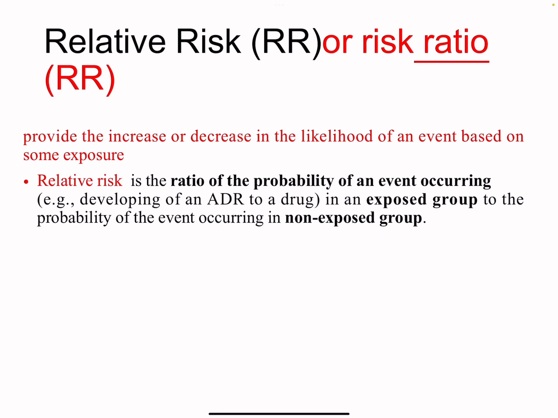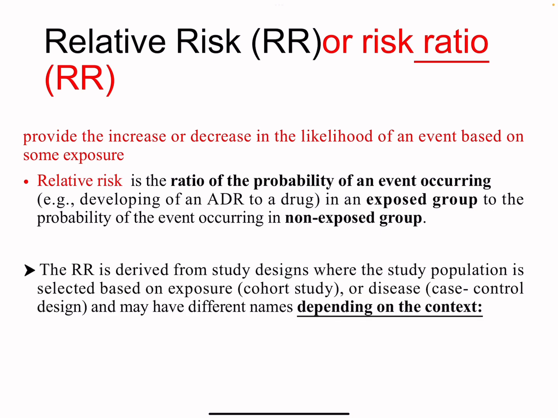For example, if we have two groups, one group exposed to a certain drug while the other group is not exposed to this drug, then we are going to assess the development of an adverse drug reaction in these two groups. So the ratio of the probability of occurring of the adverse drug reaction among the exposed group to the probability of occurring of this adverse drug reaction in the non-exposed group.